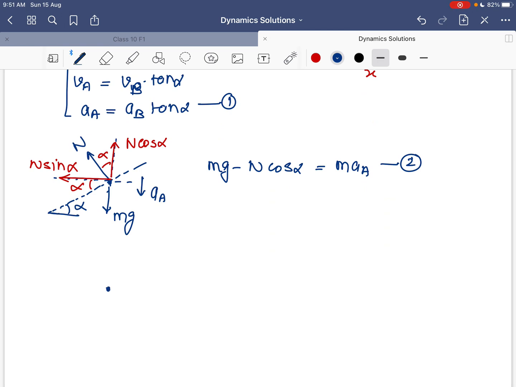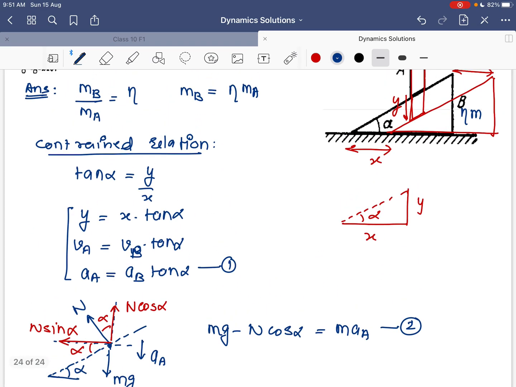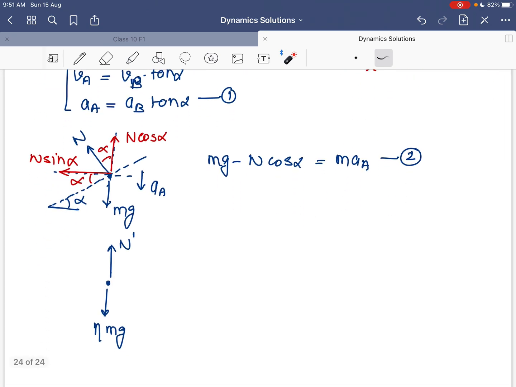Now if I draw the FBD of the wedge, eta mg, its weight, is acting in downward direction, the reaction is acting in the upward direction from the surface, and it is constrained to move. It is not going down and up due to this support. It means the two forces are balancing each other, while these same two reactions are acting here.